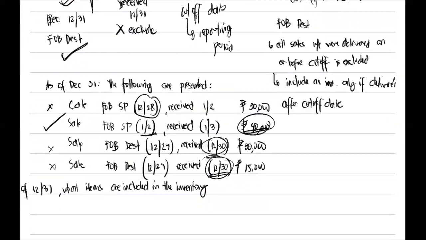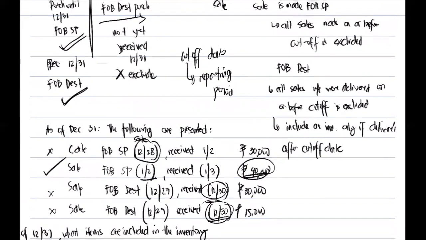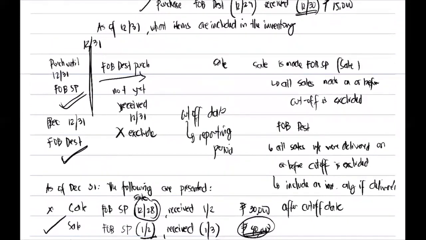Only the 40,000. Okay, we go back. Sale is made FOB shipping point. If it is made on or before cutoff date, it is excluded. After cutoff date, then we include. So we look at the sale date. FOB shipping point, what is important is the sale date.